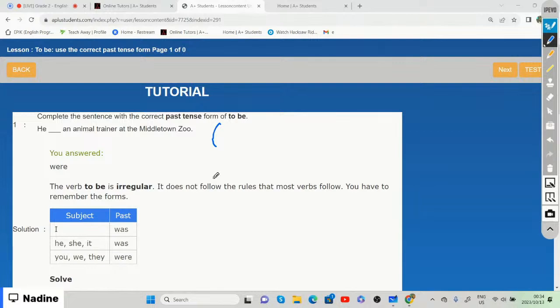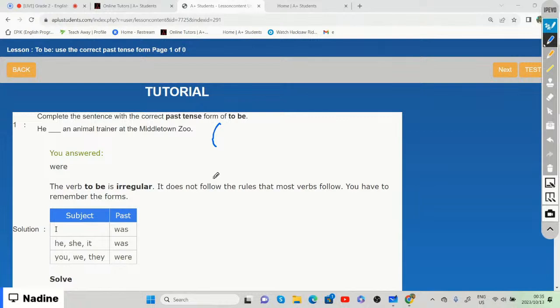We refer to was if it is one person doing an action. So either I was, he was, she was, or it was.